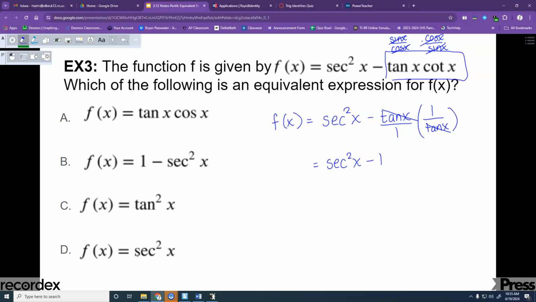All right, so we got secant squared x minus 1. Is that an answer choice? Almost. We got 1 minus secant squared x, but can I just switch them? No. So I'm thinking that one's probably out.